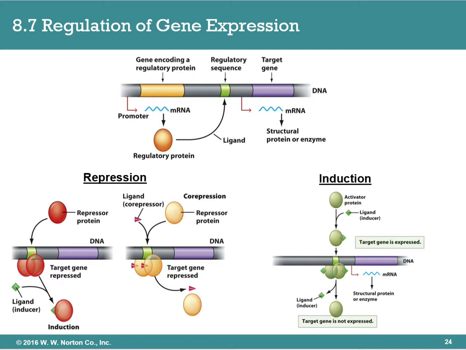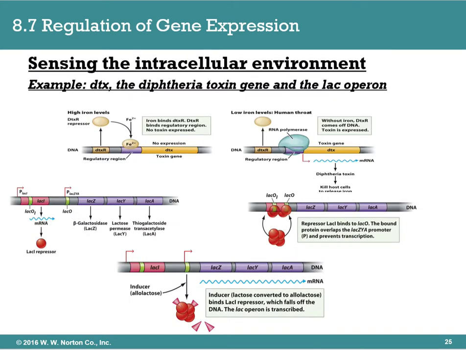So with that, we're actually going to go into a more specialized pathway for bacteria. So this is kind of like a little side note, but it's an example of a gene in terms of induction and repression. So this is going to be the DTX gene.